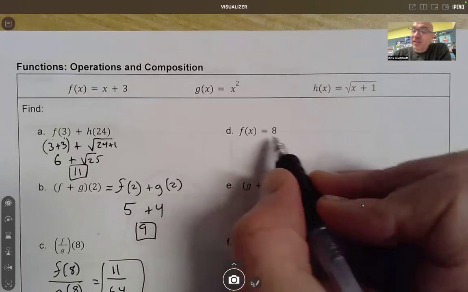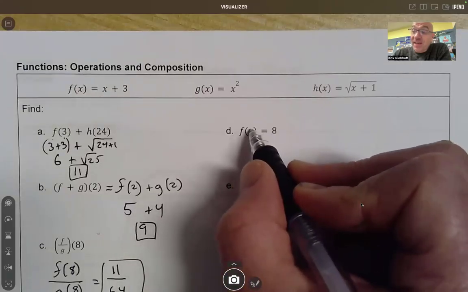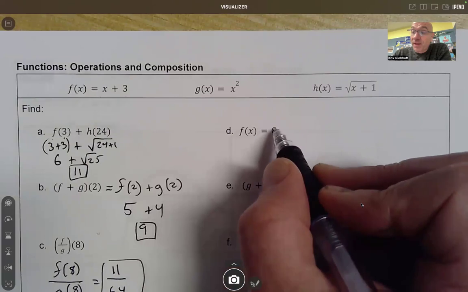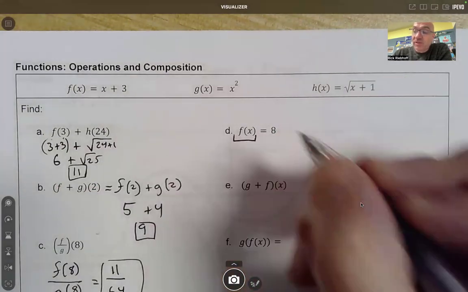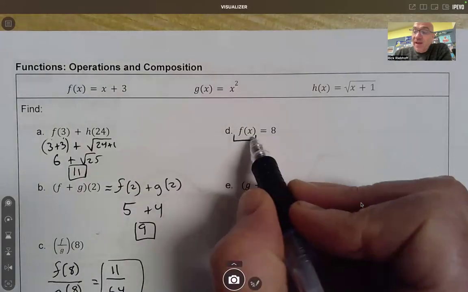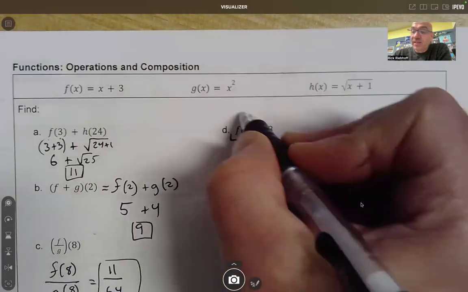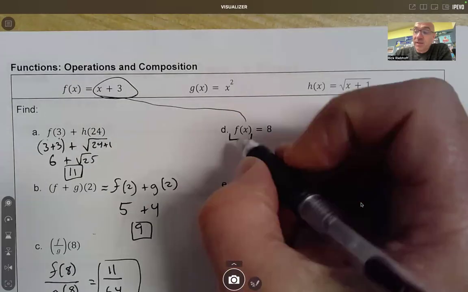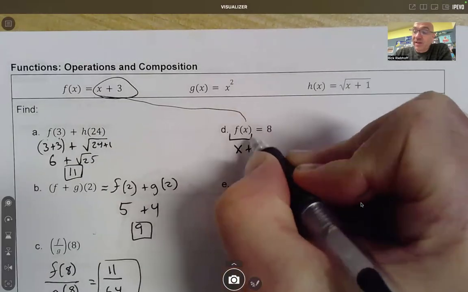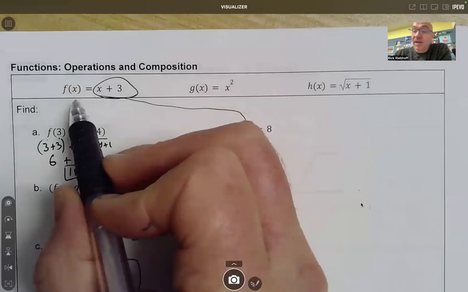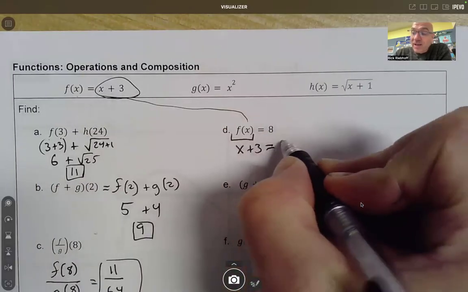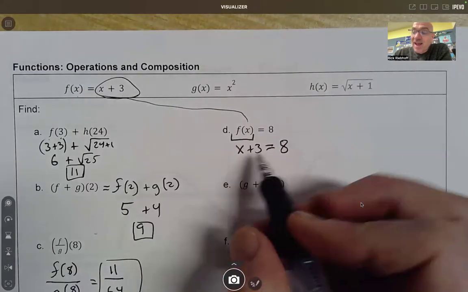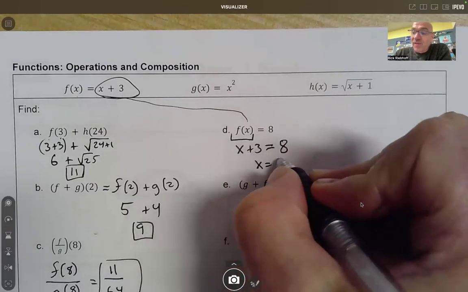This says f of x equals 8. Now, it doesn't say f of 8 equals something, right? So we're not plugging 8 into the f machine. But what I can do is a little substitution. F of x equals 8. I know what f of x is. Instead of f of x, I'm going to write x plus 3 because they're the same thing. x plus 3 equals 8, and x would have to be 5.